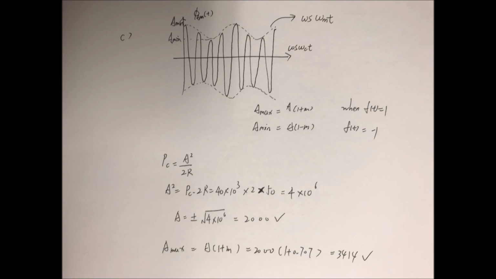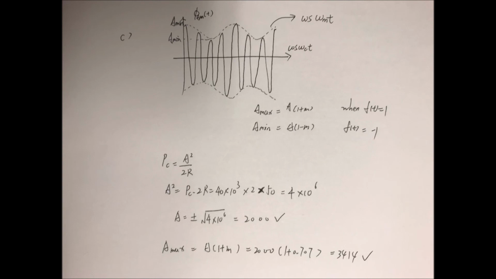I use a dashed blue color for my envelope, for my message. Inside the envelope we can find my carrier, still sinusoid, but the envelope changes according to your information. It goes high to a peak and low to a valley. How high it is depends on A and M, and how low also depends on A and M.